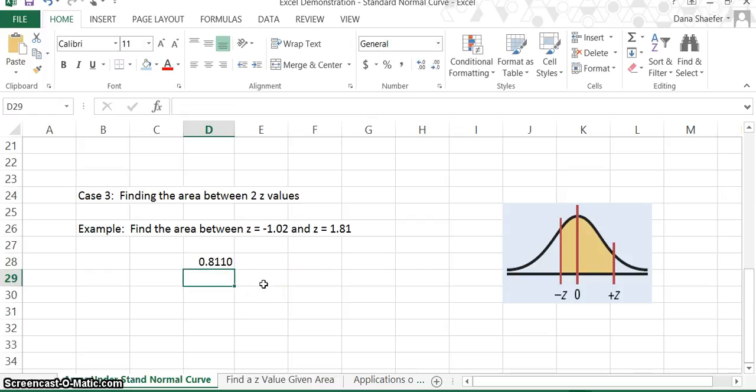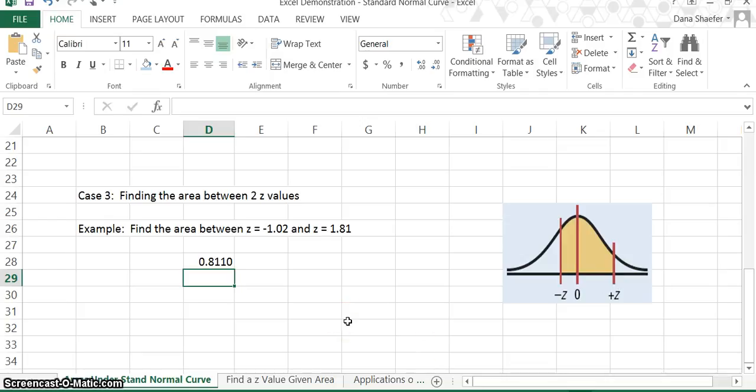Point 8110. So 4 decimal places, 0.8110 is the area under the curve, this gold shaded area, from negative 1.02 to positive 1.81.